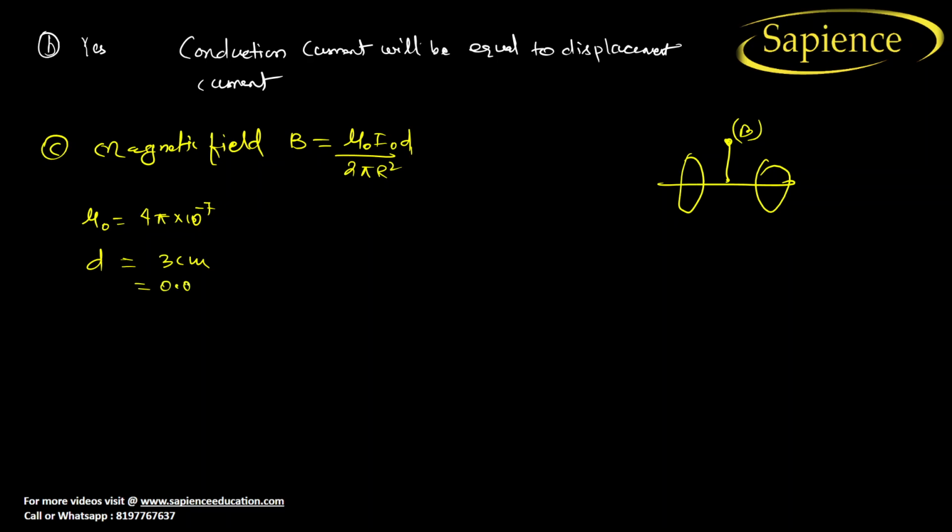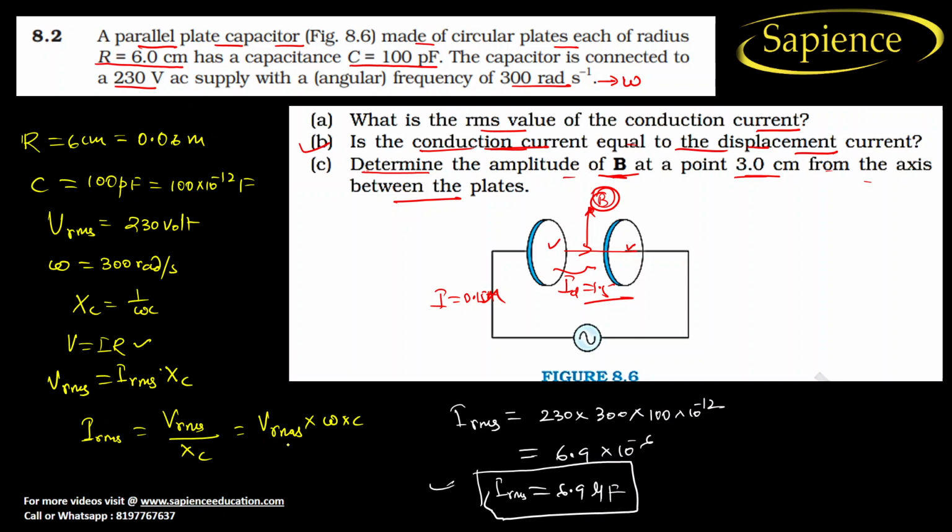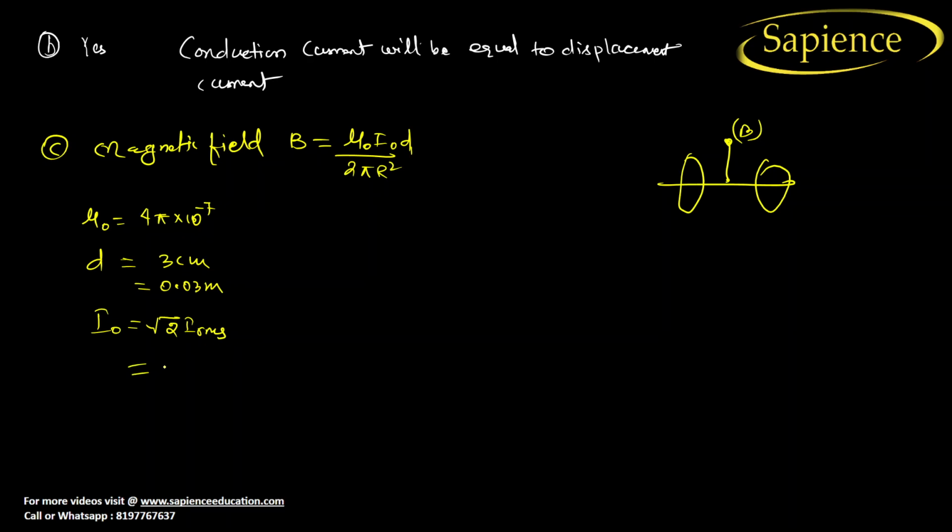So this will be 0.03 meter, and I naught is equal to root 2 into IRMS. IRMS they have not provided, but we have already found this RMS. So this will be equal to 6.9 into 10 to the power minus 6 into root 2, right? So this is the I naught, that is the peak current.